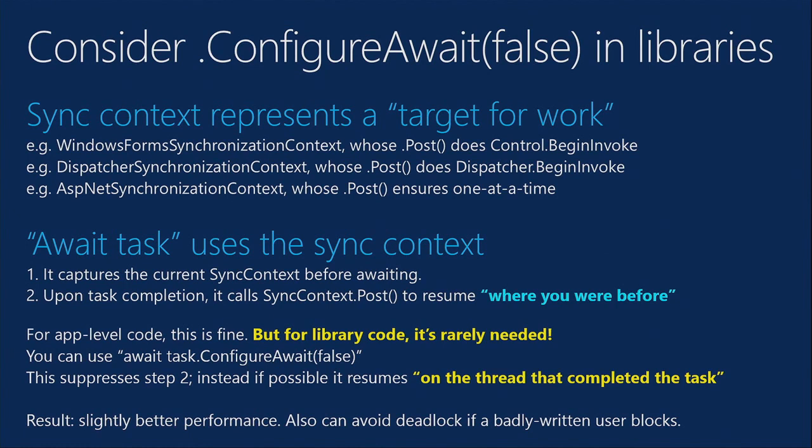You're turning the task into another kind of task that doesn't resume on the place it was before. And that way, say that you're doing await x plus await y, who cares where the plus is executed?